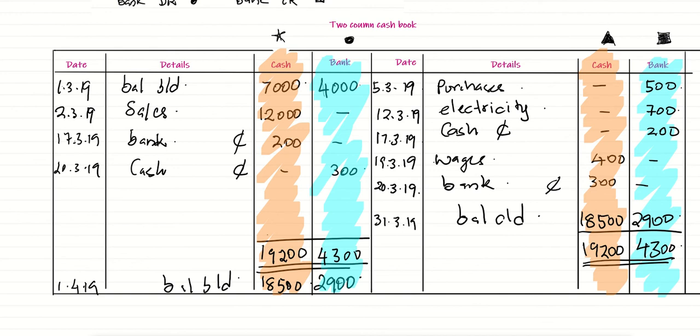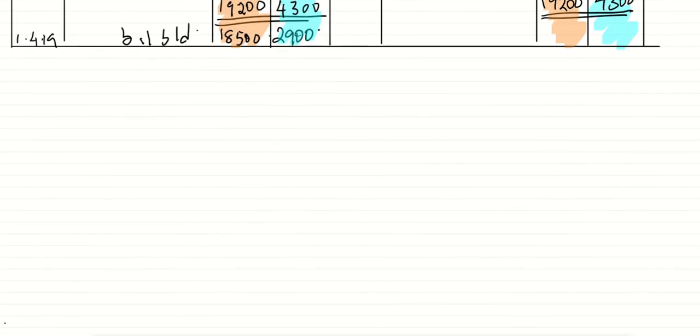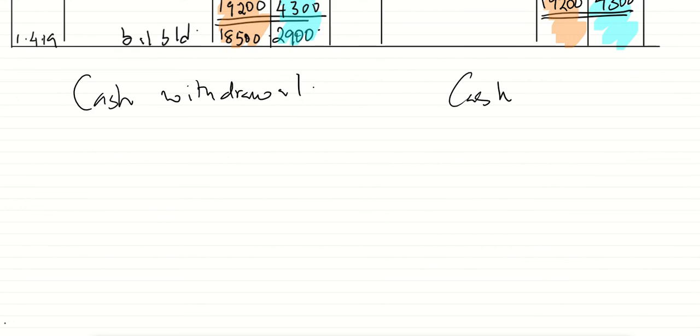So this is how we prepare a two-column cash book. You need to be careful with the contra entries. When there is a deposit to your business bank account or when you withdraw from your business bank account, you should clearly know how the entries work. For example, when there is cash withdrawal for business use and when there is cash deposit, two different scenarios.